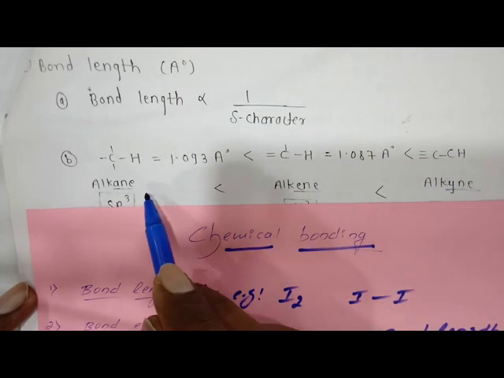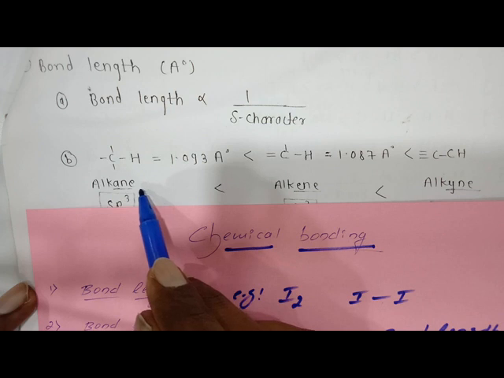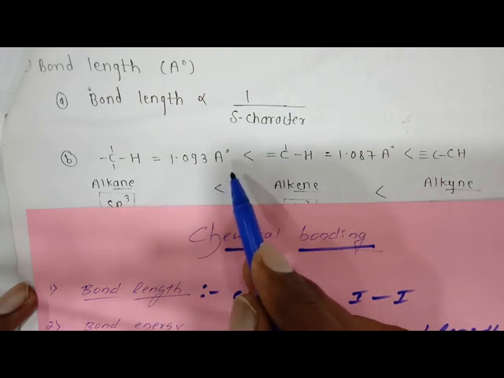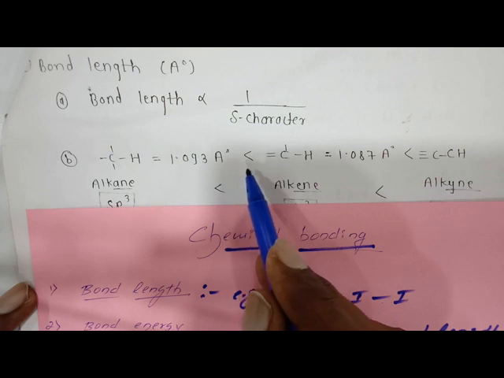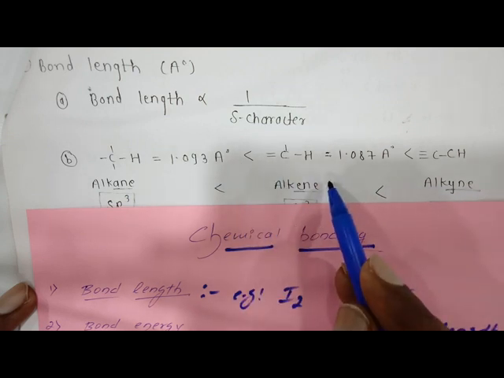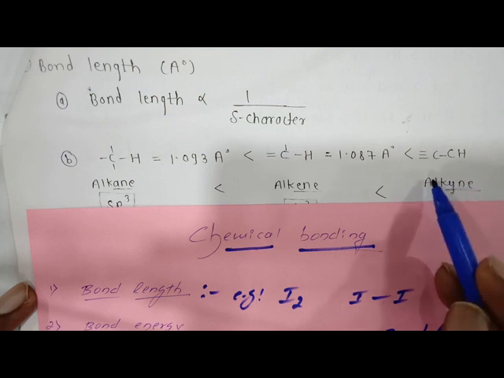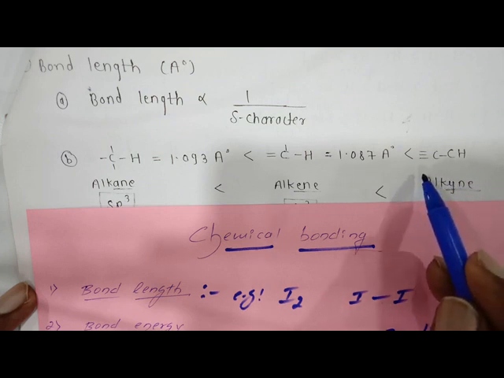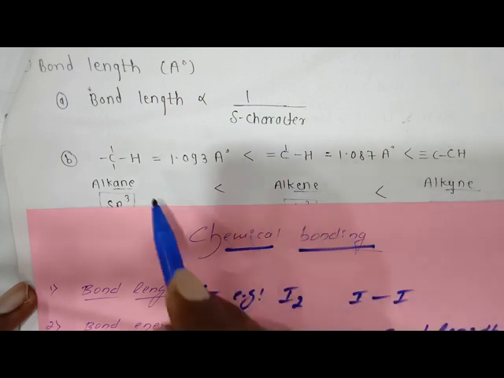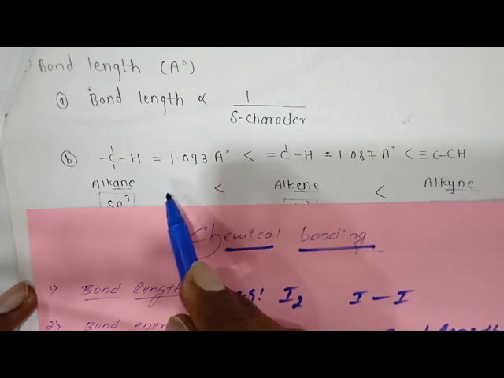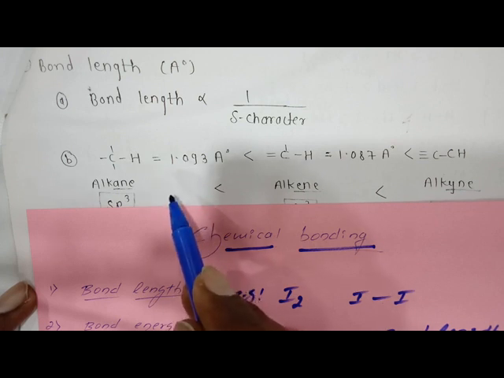Alkanes have greater bond length than alkenes, and alkynes have less bond length than alkenes and alkanes. Now how does it happen?